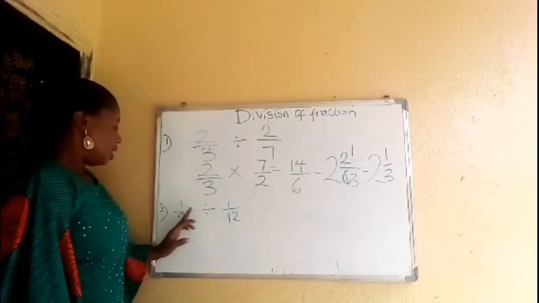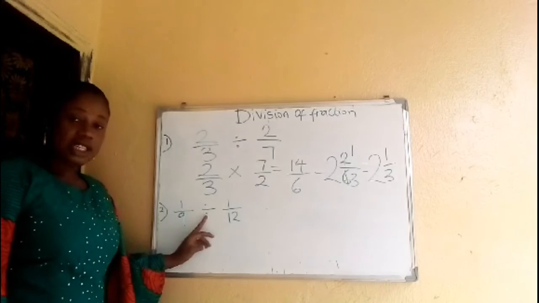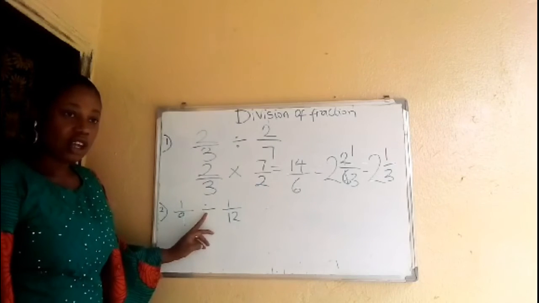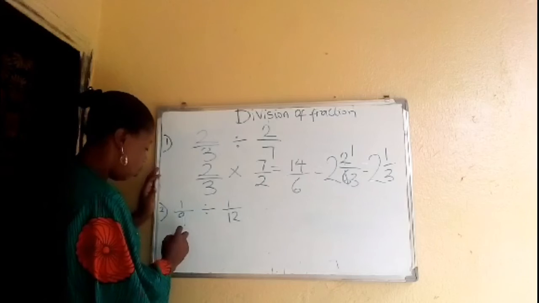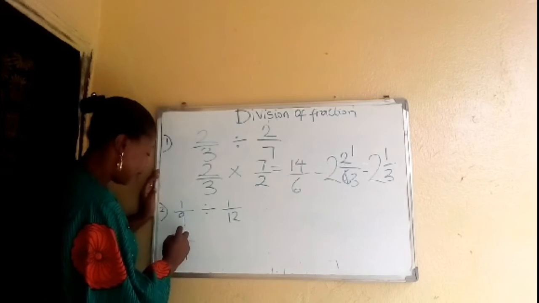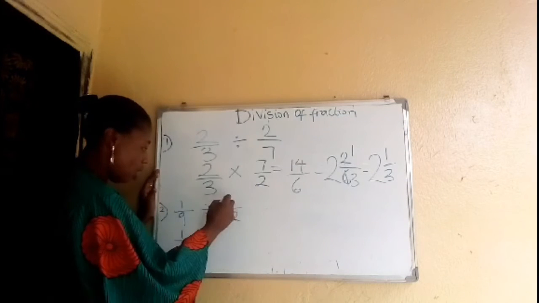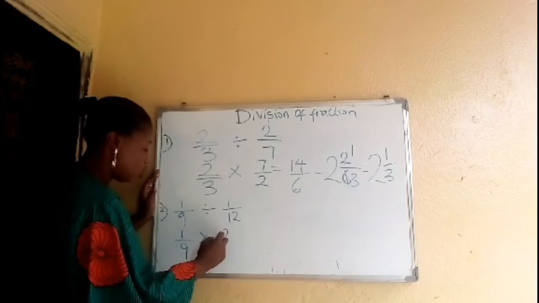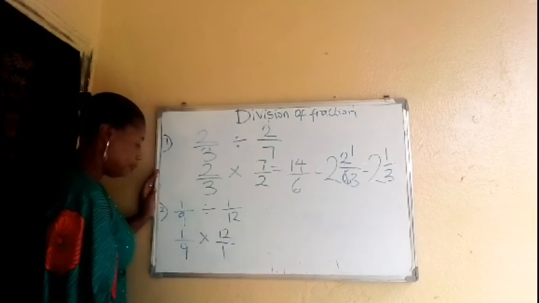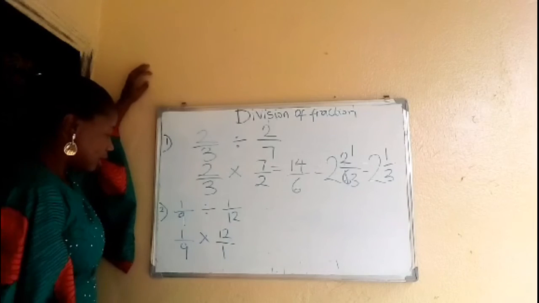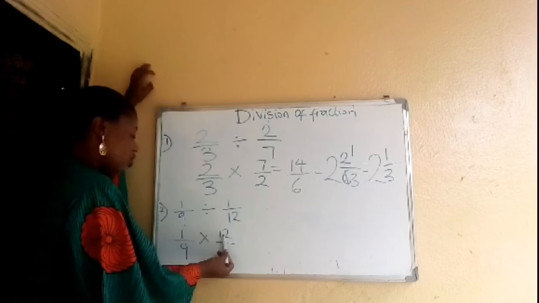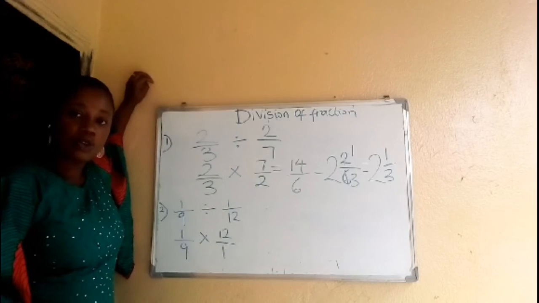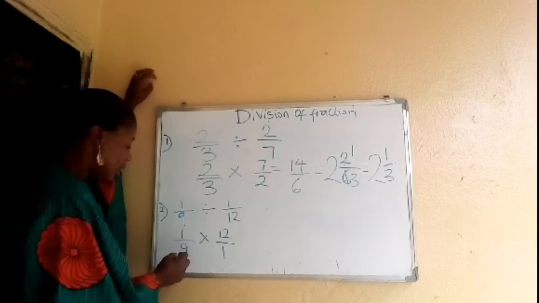Let's answer this. We are still going to change this to multiplication. When we change this to multiplication, we turn it. 1 over 9 times 12 goes over, 1 comes under, 12 over 1. So let's look at that. They have factors. 9 and 12 have a common factor, so we are going to cancel it.